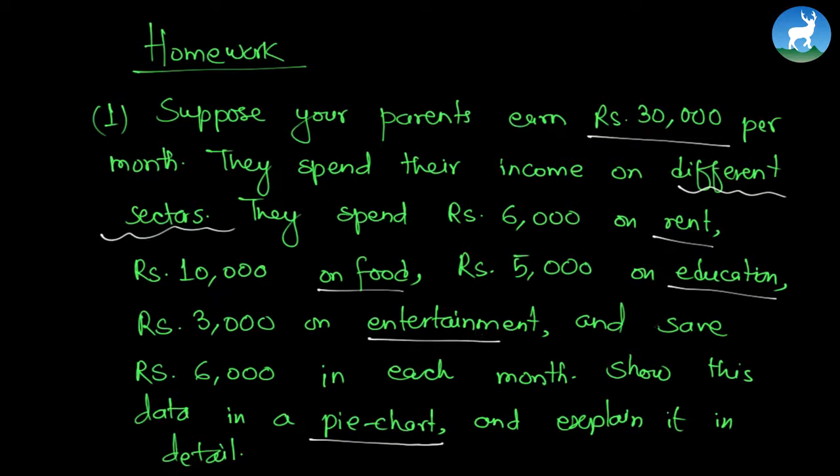And not only that, they actually save 6,000 each month. Now I want you to show this data in a pie chart and explain it in detail like we did in this lecture. So you are going to use 4 different kinds of phrases to explain it, and you're going to explain it in 3 neatly written paragraphs.